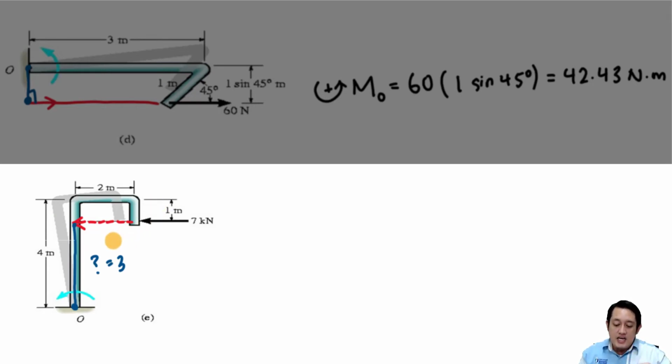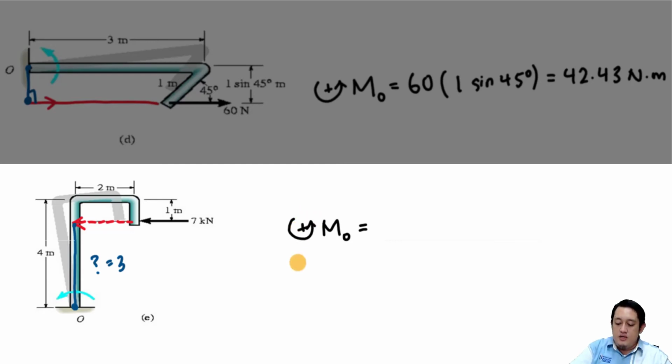So let's calculate this moment here. The assumption of moment here is counterclockwise to be positive. So moment at O here is equal to this 7 kilonewton. After we extend the force here, we can see that this 7 kilonewton will rotate like this. The rotation is counterclockwise, same as our assumption here.